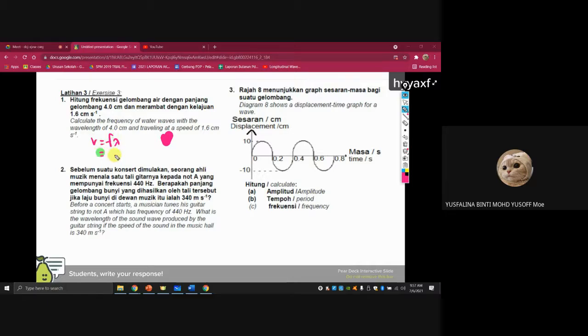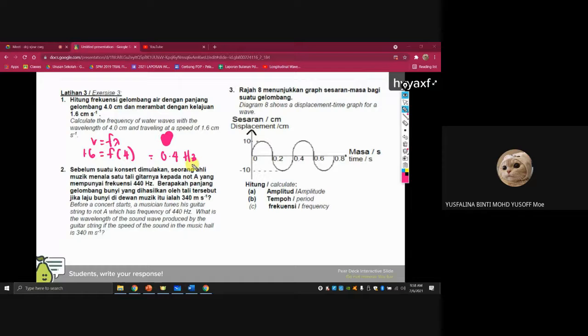The F here you need to find, V is 1.6, lambda is 4. So 1.6 divided by 4, you will get 0.4 hertz.